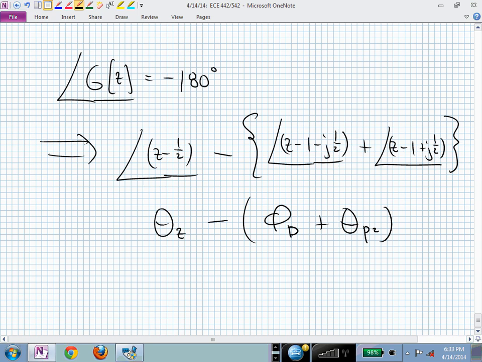And these have to equal minus 180 degrees to be on the root locus. Is everybody okay with that formula? Theta sub z was 45 degrees. I walk over 1/2 and up 1/2. Theta sub d, I don't know what that is. That's why I'm calculating that.